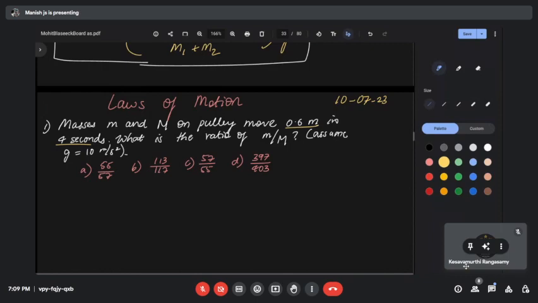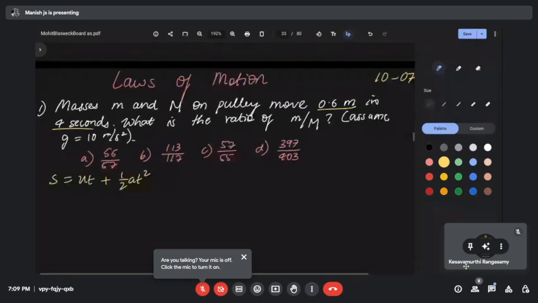Now obviously, the pulley system would be at rest before you release it, so the initial velocity component would be 0 meters per second. Only from when you release the block does it start moving.